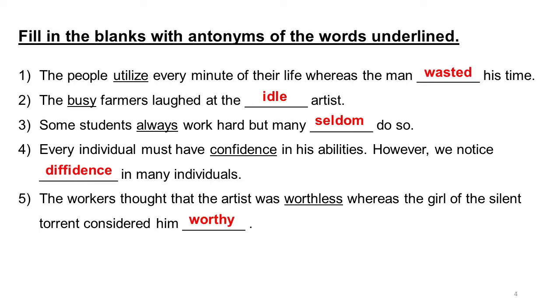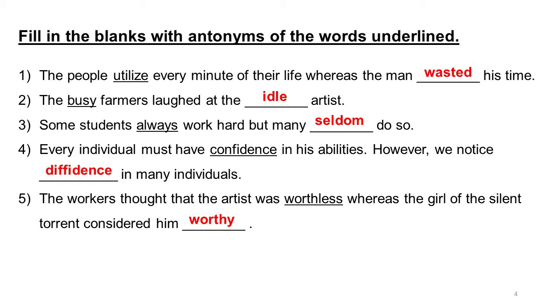Now let's look at the answers then. First one, the people utilize every minute of their life, whereas the man wasted his time. So utilize means make use of, and waste is the opposite of it. So wasted is the antonym of utilize.